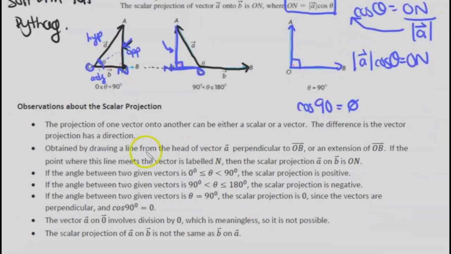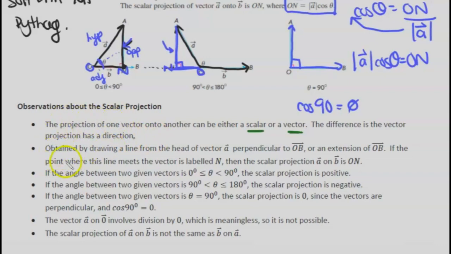Let's talk about some observations about a scalar projection. The projection of one vector onto another can be either scalar or a vector. The difference is the vector projection has a direction, and we're going to learn both of these equations.